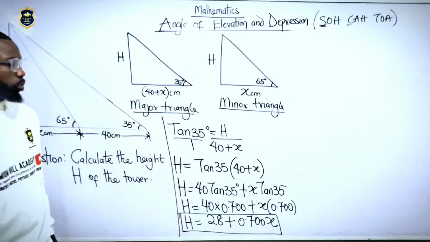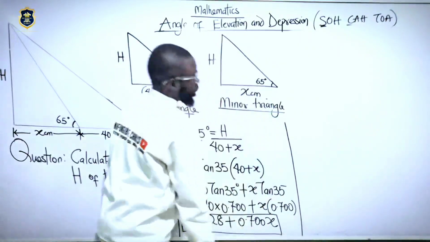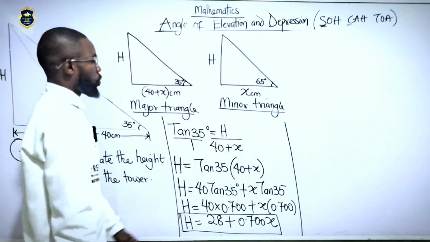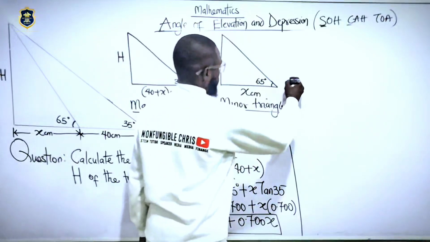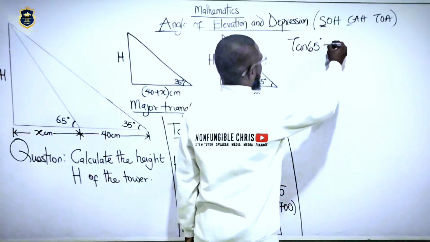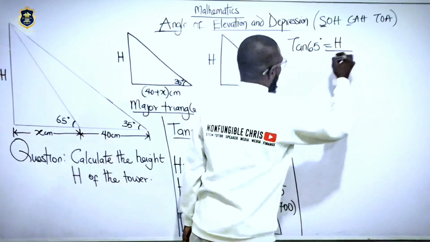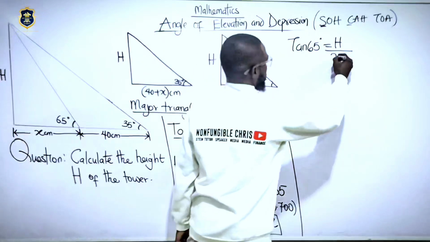So we'll try that for the minor triangle as well and see what we're going to get. Let's try for the minor triangle. For the minor triangle, tan 65 is going to be opposite, which is h, over adjacent, which is x.